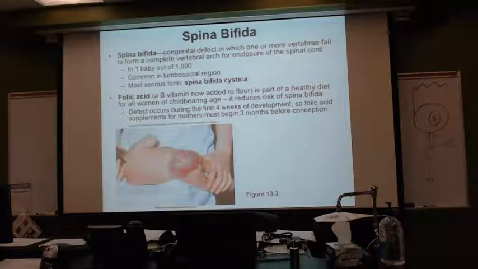And the reason that they want to do that is that this abnormality that can happen with these meninges can be so serious that it can actually paralyze them, so the child is born paralyzed.